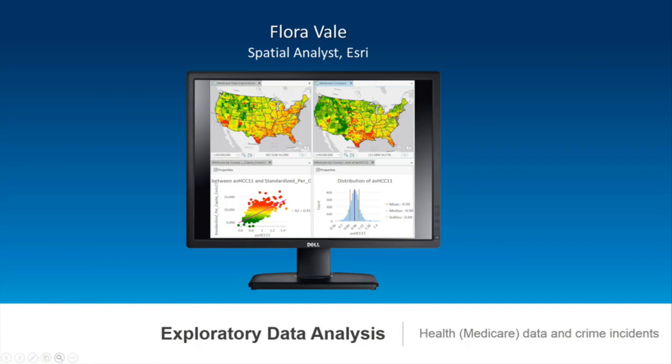So what we're going to see today is 2 examples from Flora Vale and Linda Beal. While they're demonstrating the use of our software, I'd really like you to go back to those 2 workflows, these approaches.